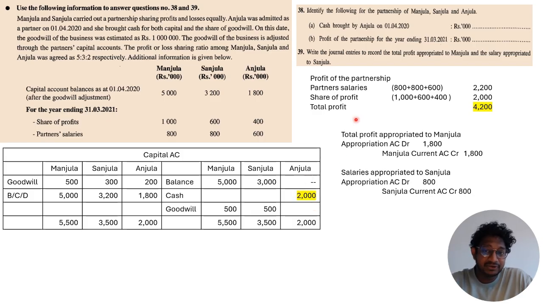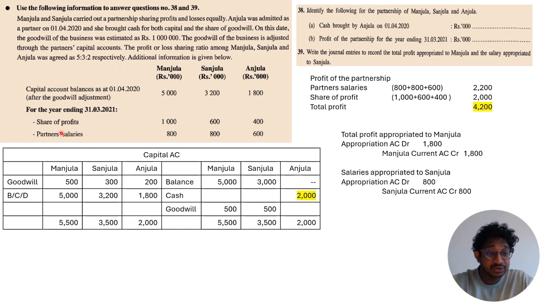And they're asking for the profit of the partnership. It's very easy, because from the profit you are distributing through interest on capital, partner salaries, and share of profit. So the profit of the partnership is the addition of share of profit, partner salaries, and interest on capital if it is there.